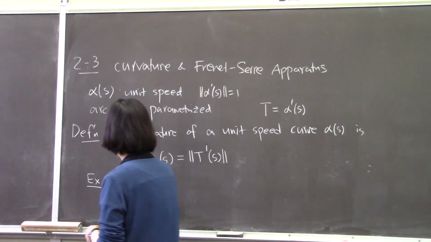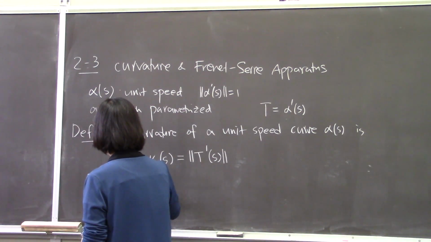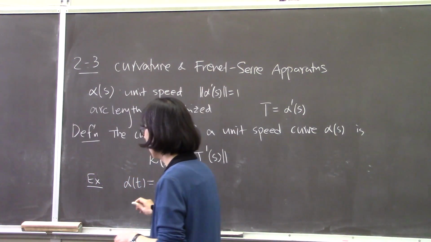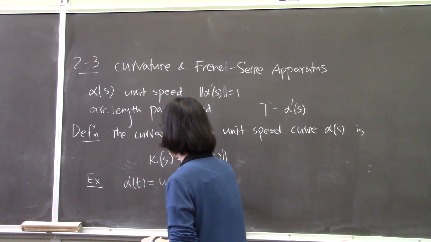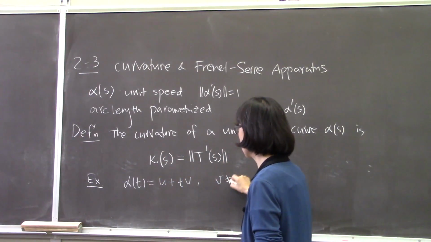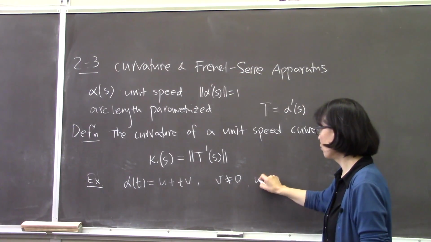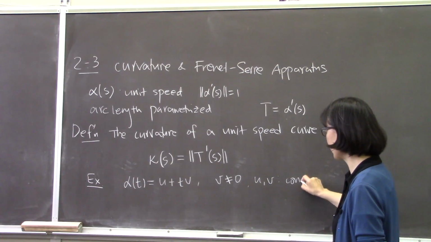So first one, let's consider a straight line. So u plus tv, where we take v non-zero, and u and v are constant vectors.